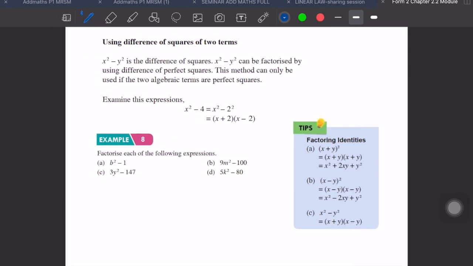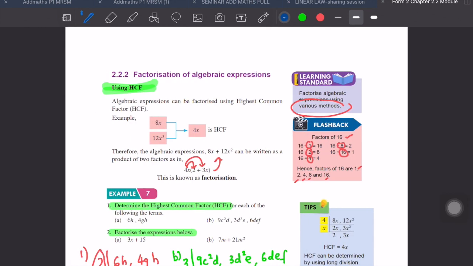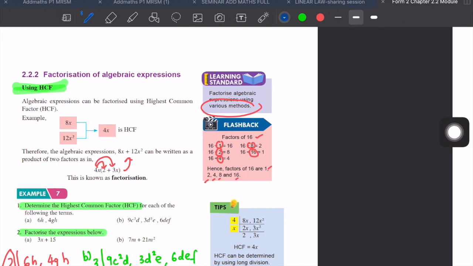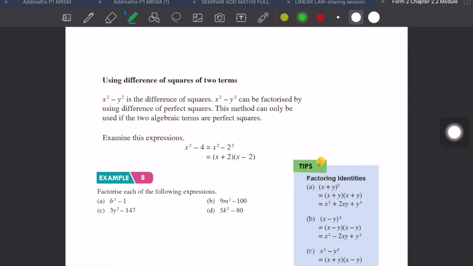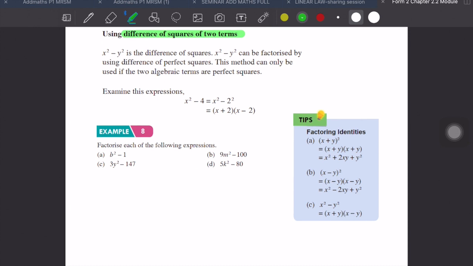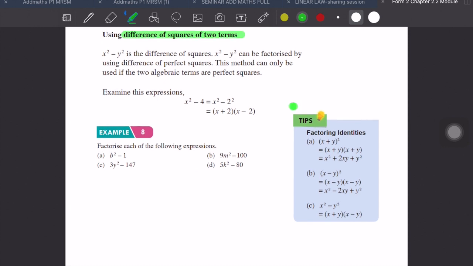Okay, the next method. Sebelum ni kita guna method HCF. The next method, kita belajar menggunakan difference of squares or two terms. Di sini awak boleh tengok tips ni lah. These tips will help you to do the factorization faster.